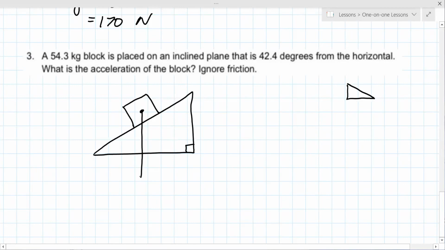It has mg down, and a normal force perpendicular to the incline, and this mg is broken up into both an x and a y component. The 42.4 degrees is here, and that means it's also there. So just like in the previous problem, you're going to have to calculate the x component of weight and the y component of weight.